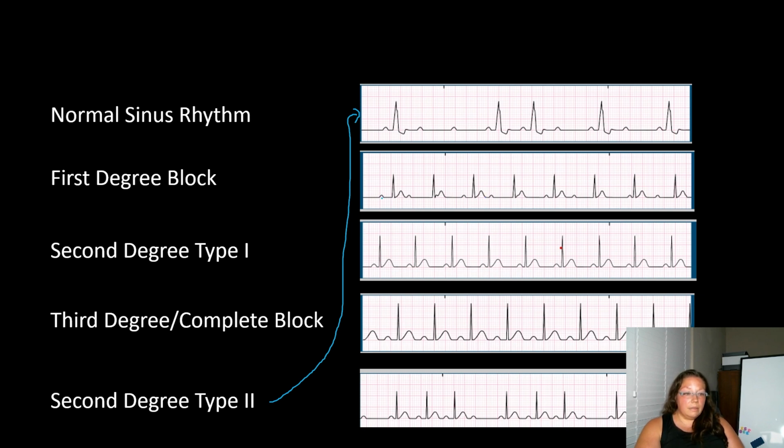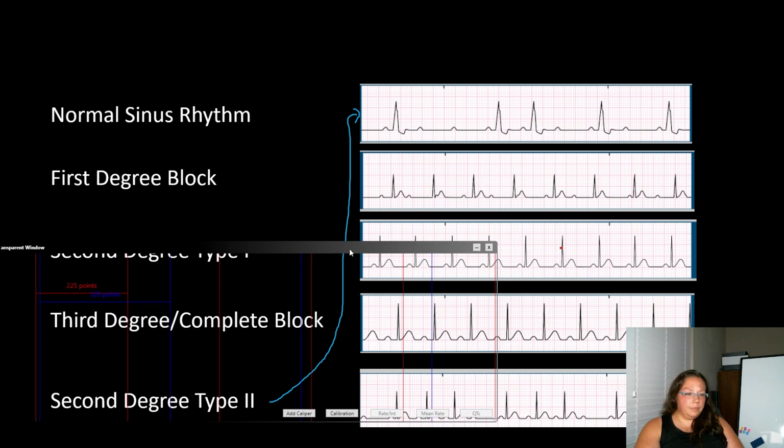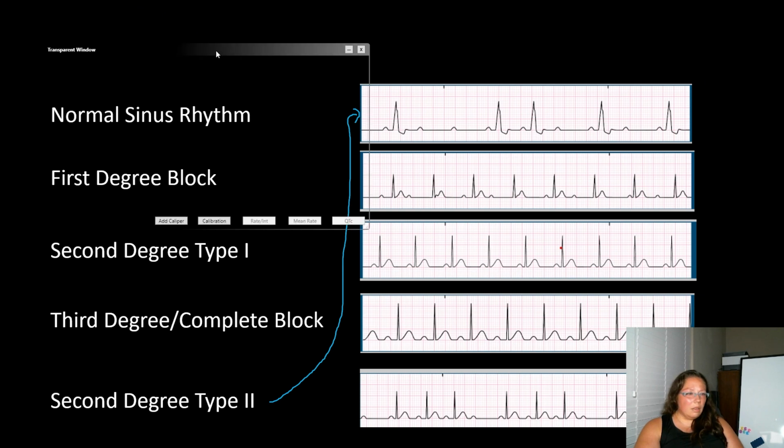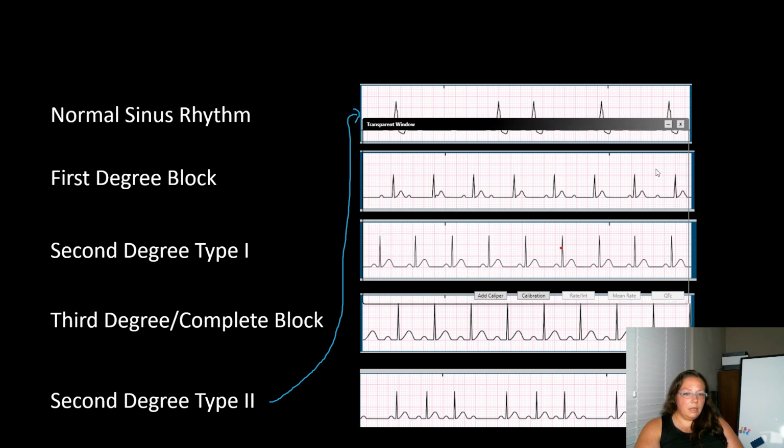All right. What is this one? Do we have P waves? Yeah, they're there. See, little bumps. Do we have QRSs? Yep. We have QRSs. Does every P wave have a QRS? No. Does it look like they're together at all? Not really. Let's pull our calipers out. I'm going to get a fresh one. Put it on this window here.